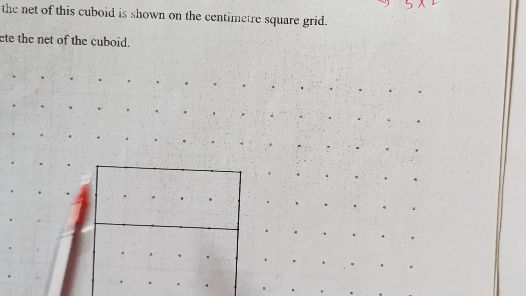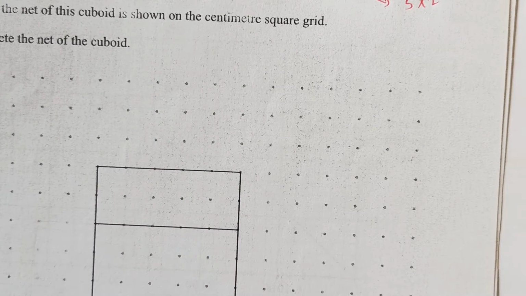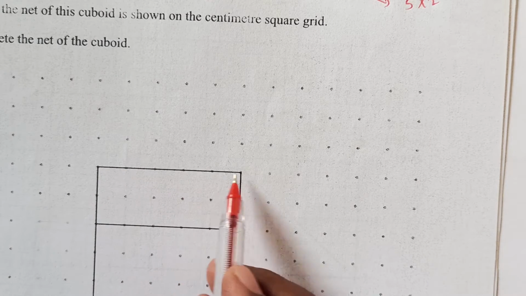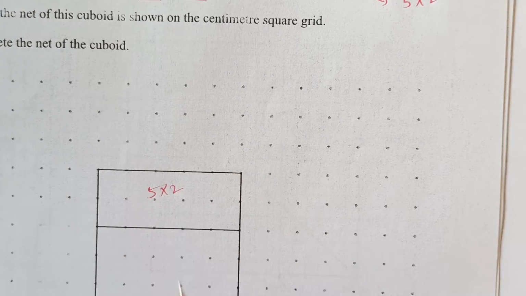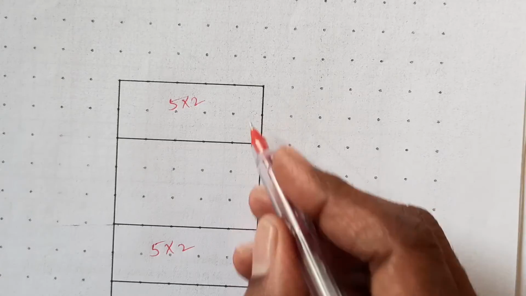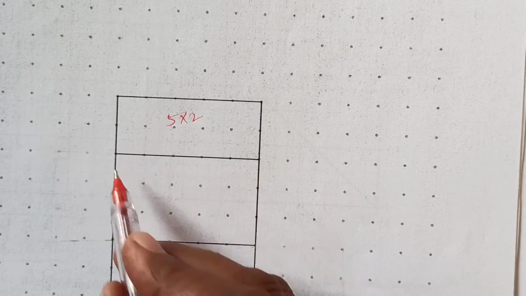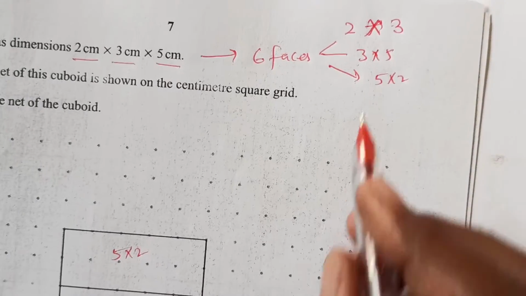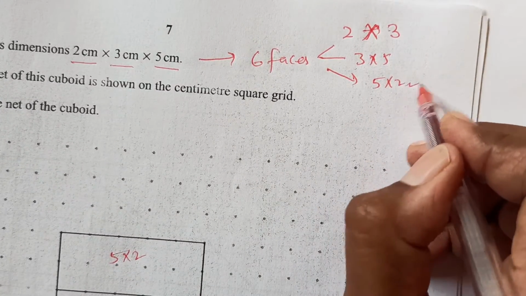Now first one here that you see, we have here the top one is 1, 2, 3, 4, 5. This is 5 by 2, and down here is also 5 by 2. So we have 2 faces, this and this is same, and this is 5 by 3. So we have 5 by 3 and 5 by 3. So we have 5 by 2 and 5 by 3.